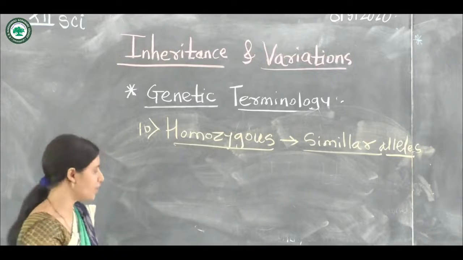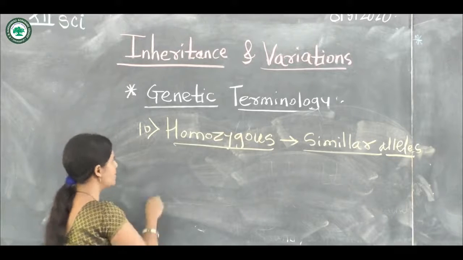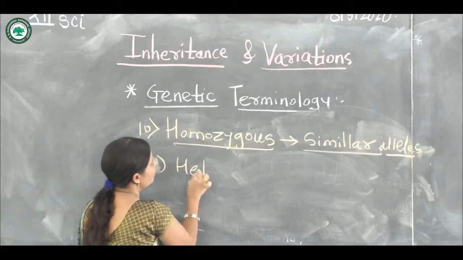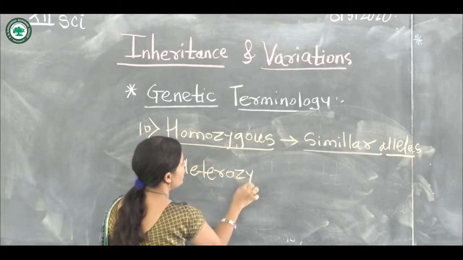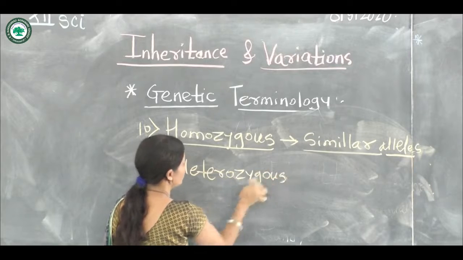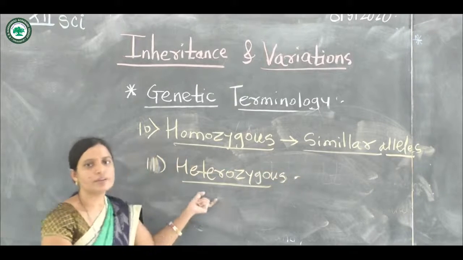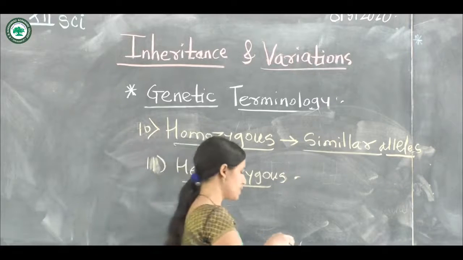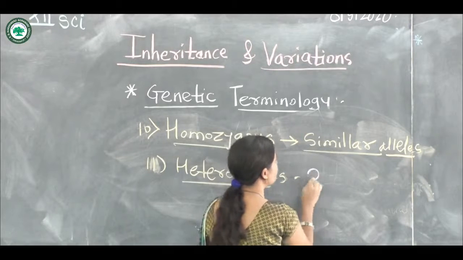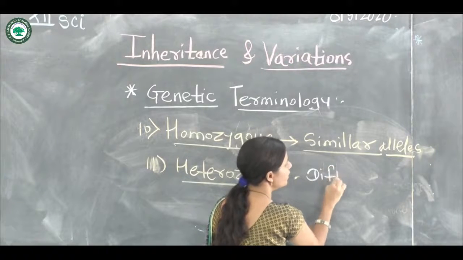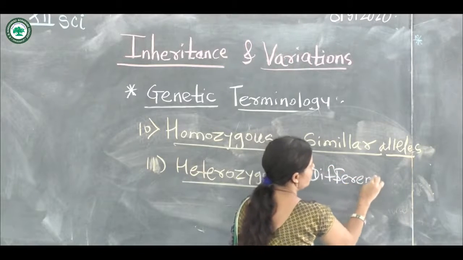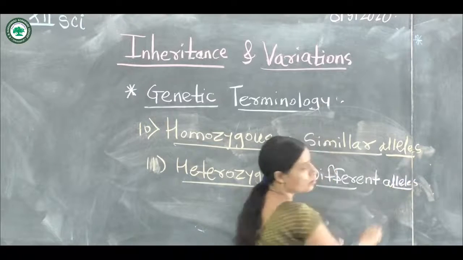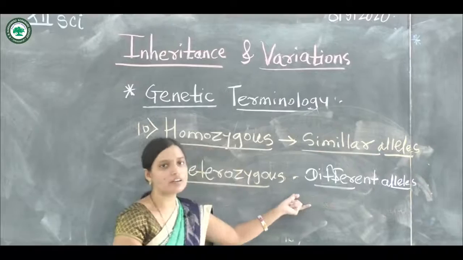The next terminology, heterozygous. Hetero means different. Heterozygous condition means individuals possessing dissimilar or different alleles.